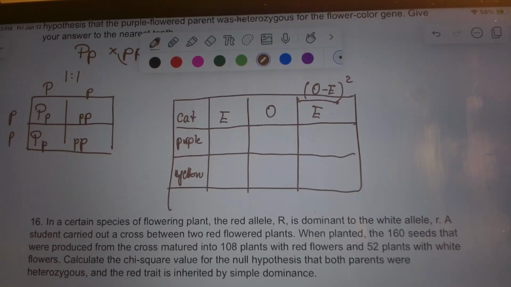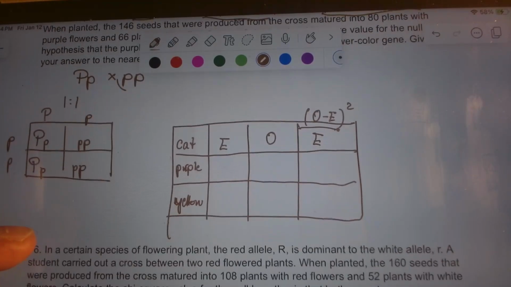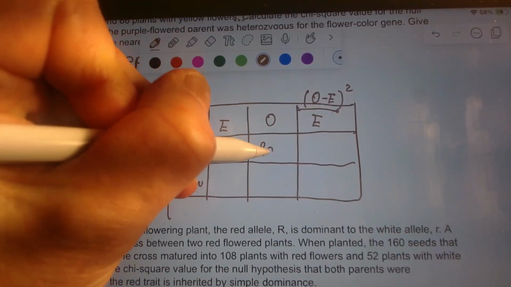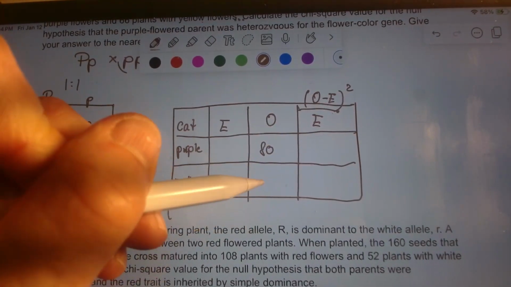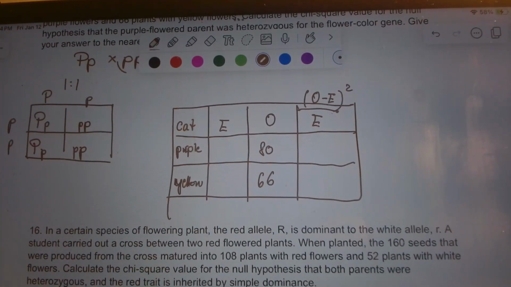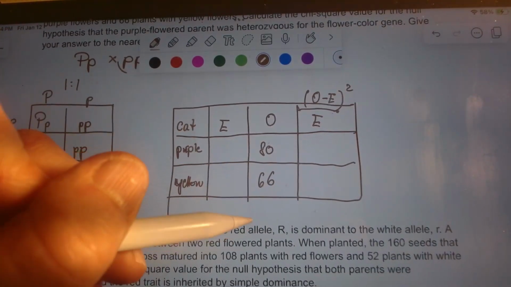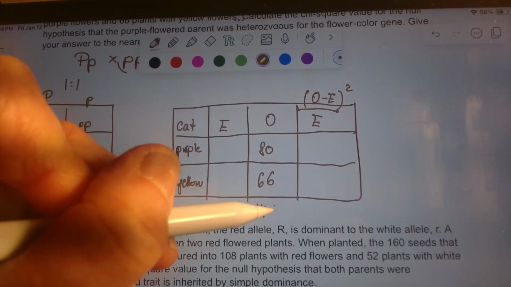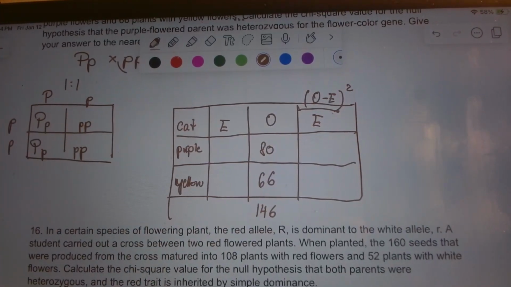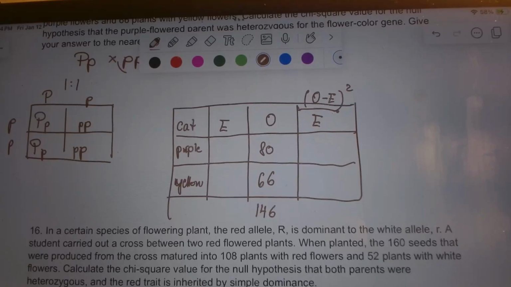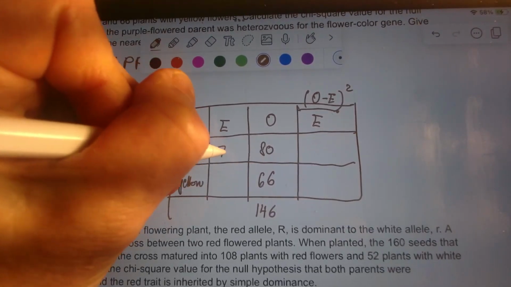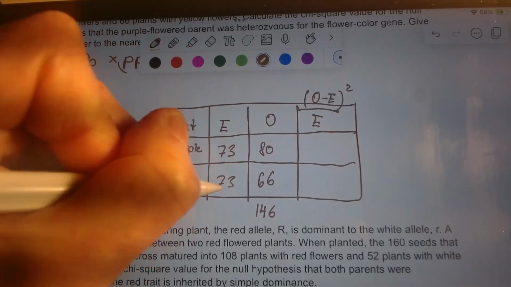So what we have is 80 was purple and 66 was yellow. Altogether, it was 146 seeds. The expectation is 1-to-1, so 50% will be purple and 50% yellow. So 50% of 146 is 73, 73, both of them.